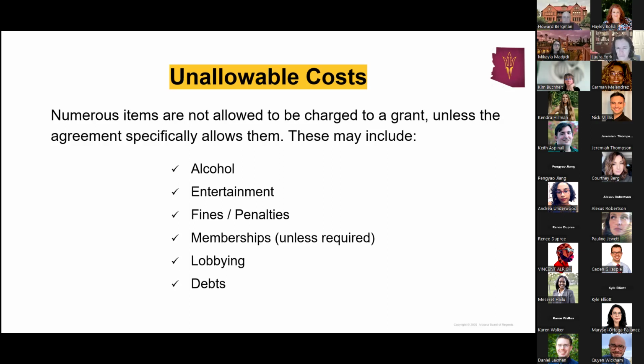In addition, don't just use this list specifically. A grant may also prohibit other expenses. Any information on that should be available in the funding announcement. So for example, maybe you're not allowed to pay any personnel for this. It's specifically for participants.